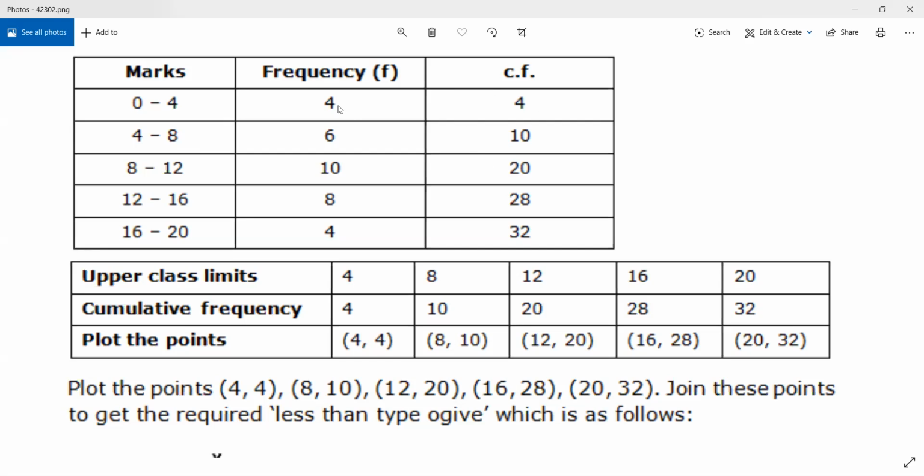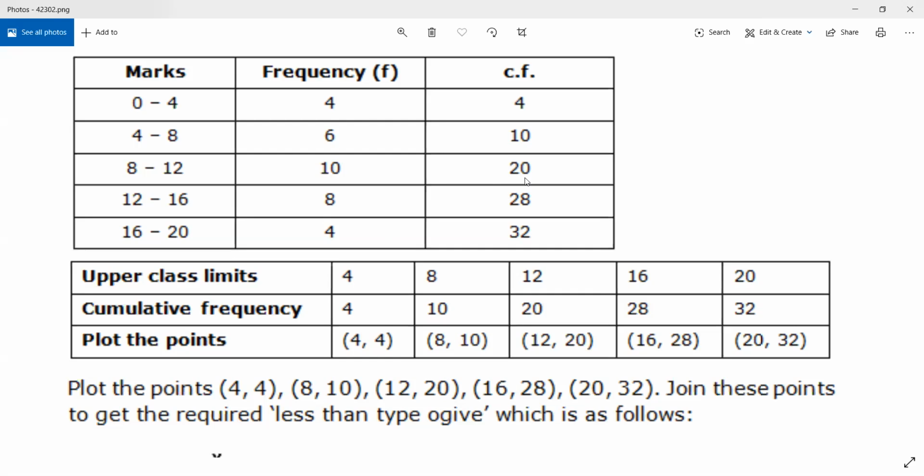You add 4 to 6, then you add this 10 to 10. The frequency of 10 in the second row, third column, next to 8 to 12, plus the cumulative 10, gives you 20, meaning 20 people got marks up to 12.